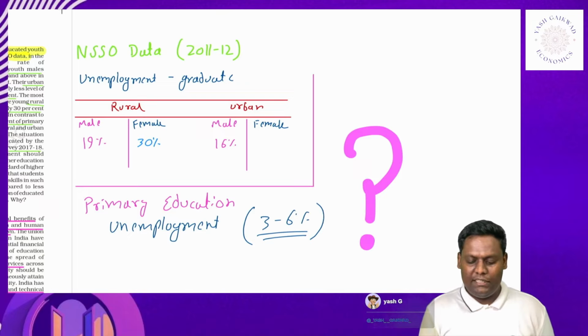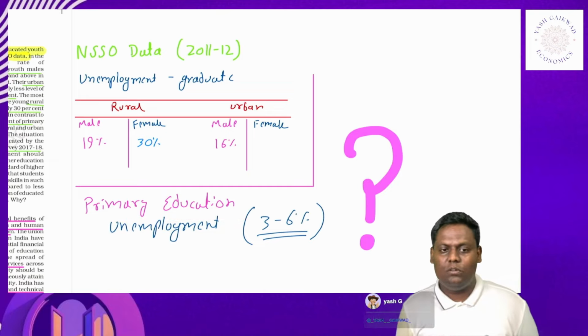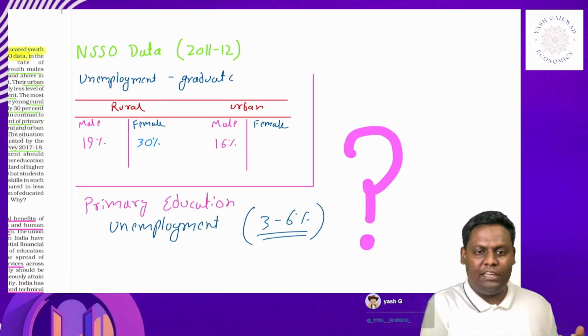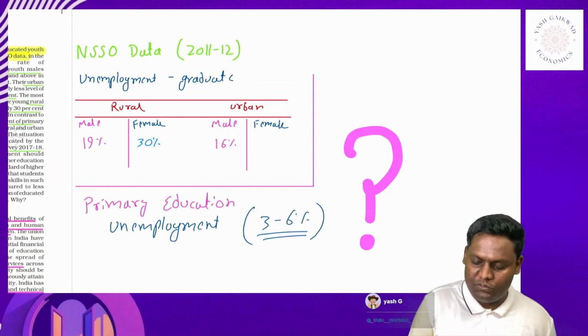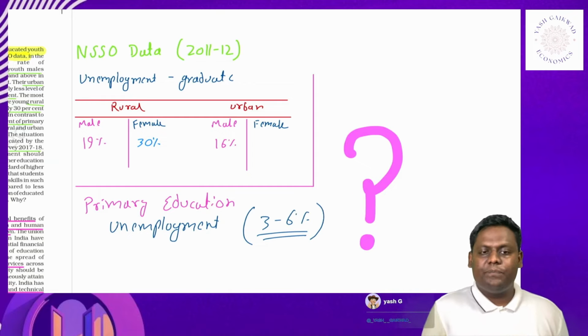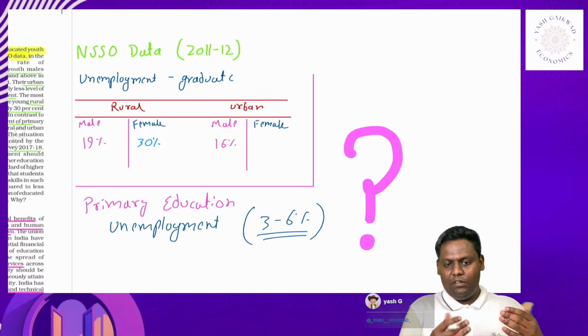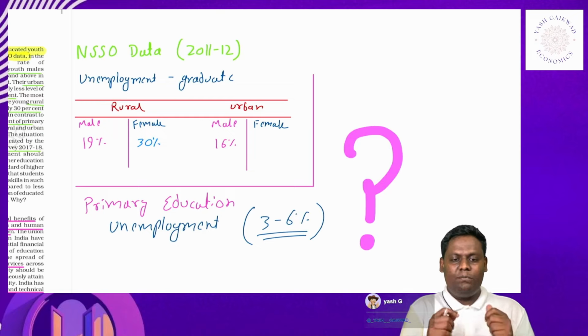One would expect graduates to be more employed and people with primary education to face the problem of unemployment more. But the situation over here is reverse. The reason for this is that if a person is well educated, he will seek better quality of employment. Let us take an example. I like to drive. So, will I take up the job of a chauffeur or become a driver?